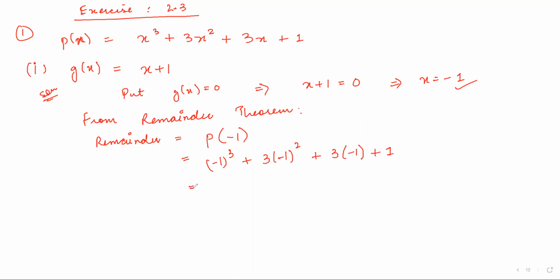Minus 1 into minus 1 into minus 1: 2 minus will become plus and 1 minus will remain, so minus 1. Plus 3 into 1, plus minus 3, and plus 1. So this is minus 1 plus 3 minus 3 plus 1, and you can easily see you are getting 0.